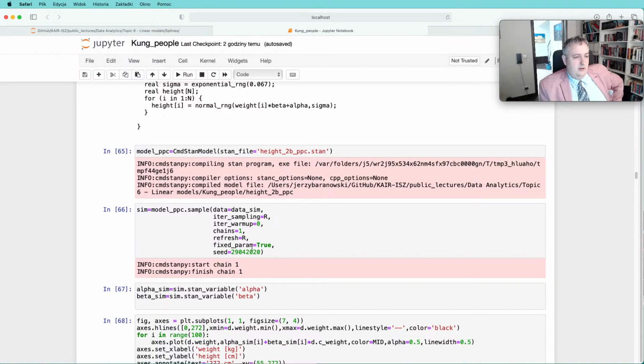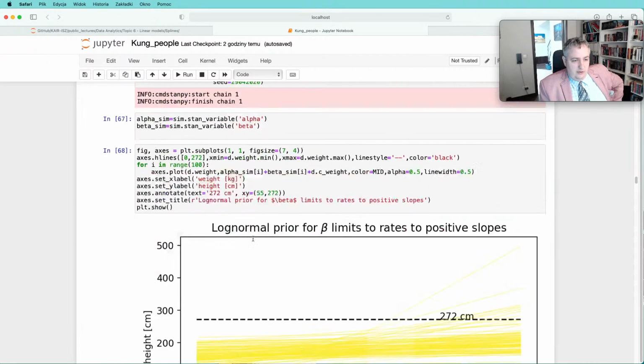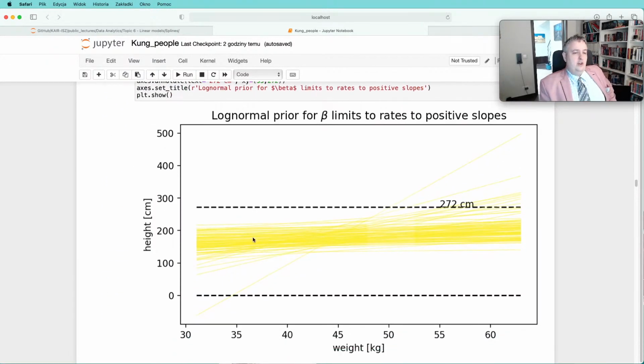We get our sampling as previously. And this situation is much better, because the results that we get fit well between 0 and the max observed height in history, and we do not get those strange values of low weights resulting in absurdly high heights.